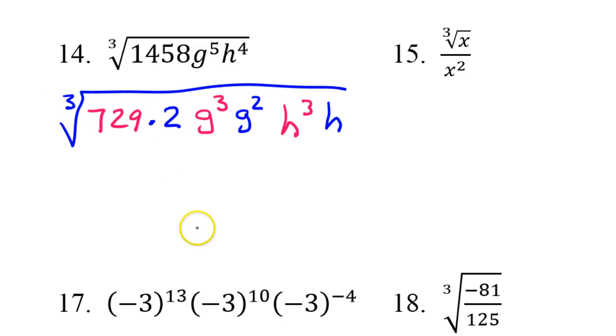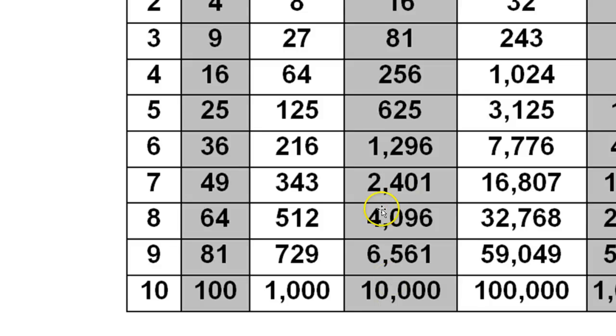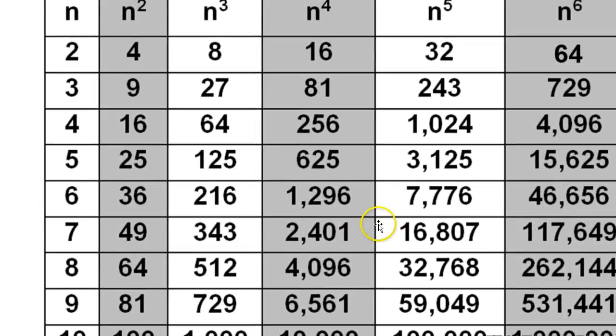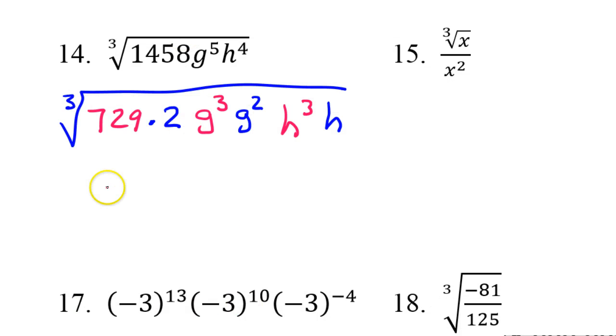The cube root of 729. Okay, I mean you could use a calculator for this, but the cube root of 729 is 9. So that's going to be 9. Now for the variables, I'm just going to divide. Like 3 divided by 3 is 1, so that's just going to be g.